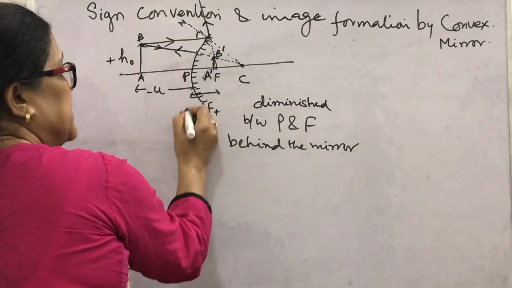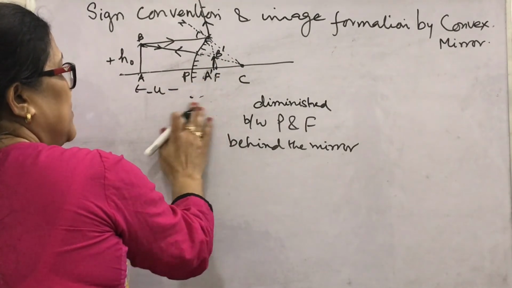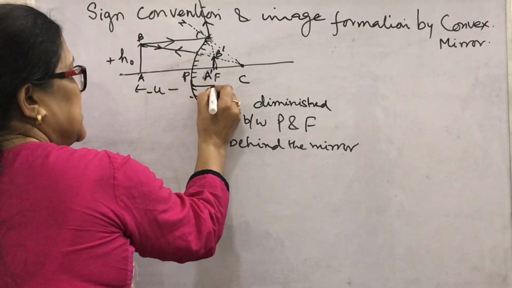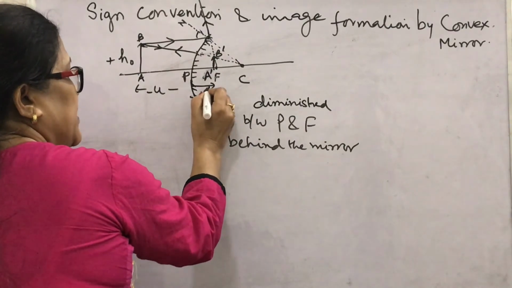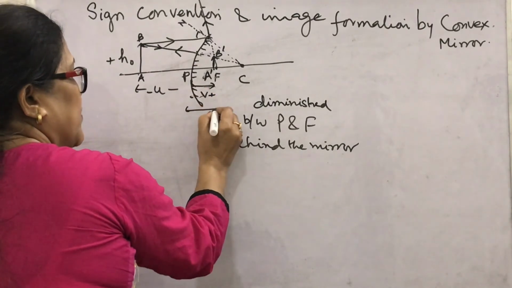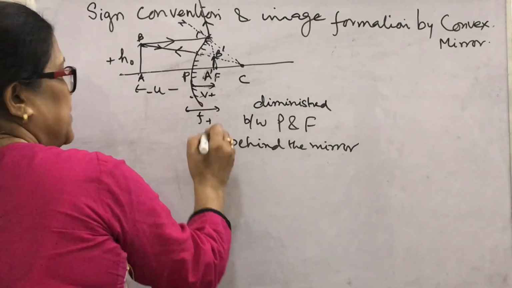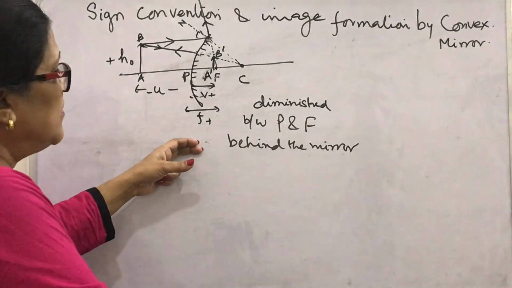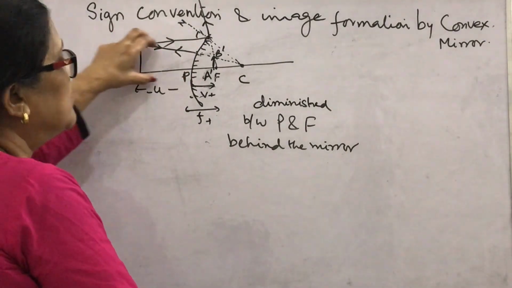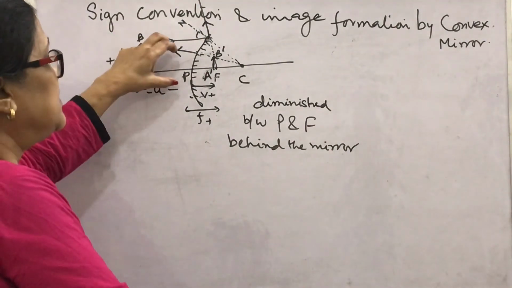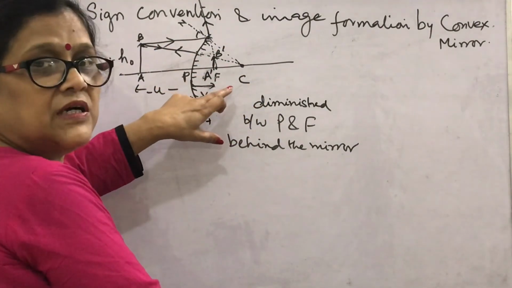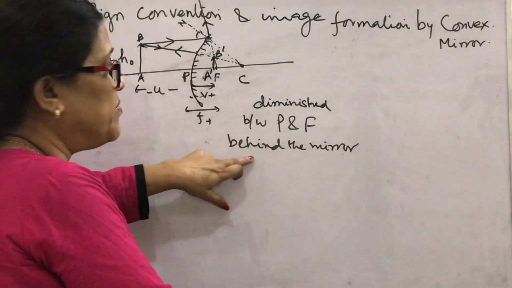Image distance is represented by V. The image distance from the pole to this point will be V, with a positive sign. And from pole to focus, this F is positive, we have discussed earlier. So whatever the position of the object in front of this mirror, the image is diminished, behind the mirror, between pole and focus. In this way you have to find the image.